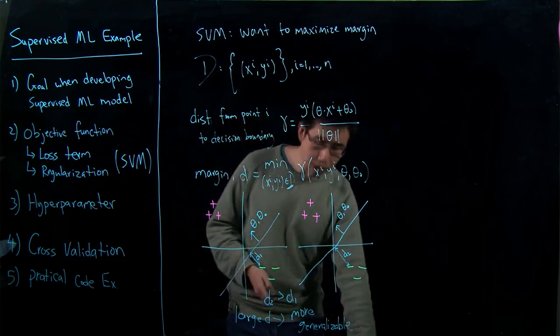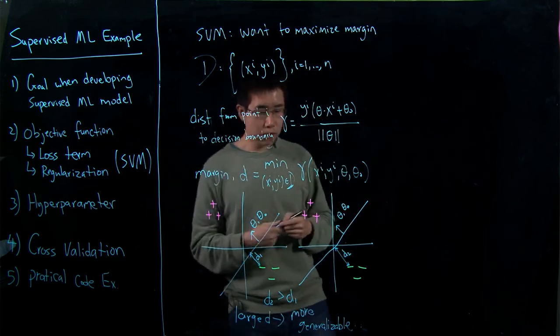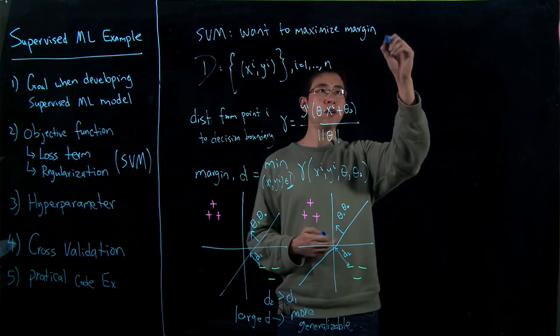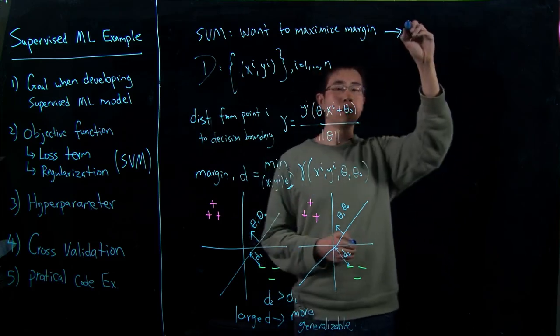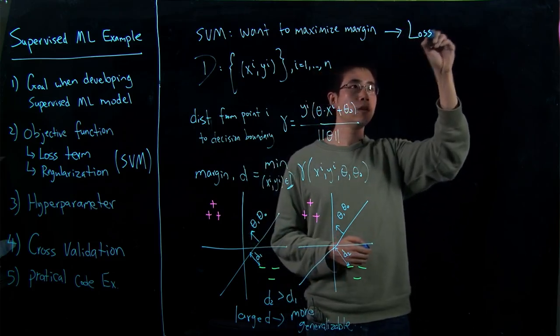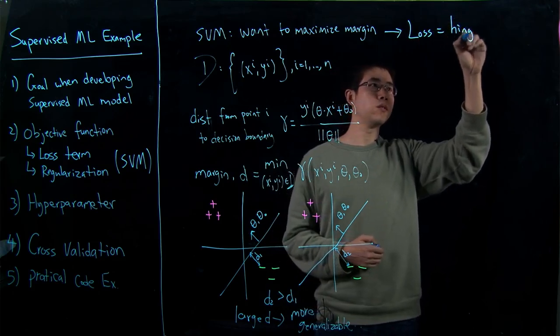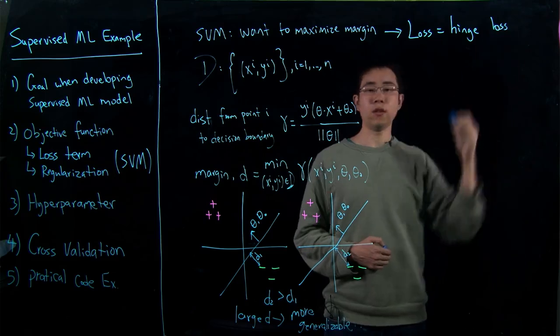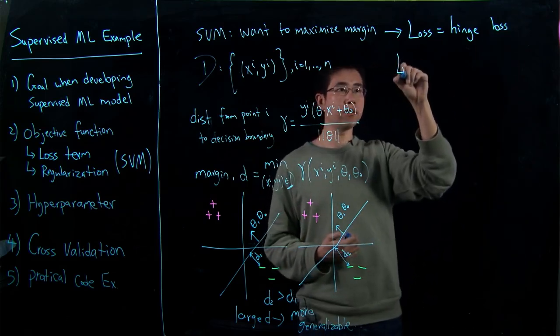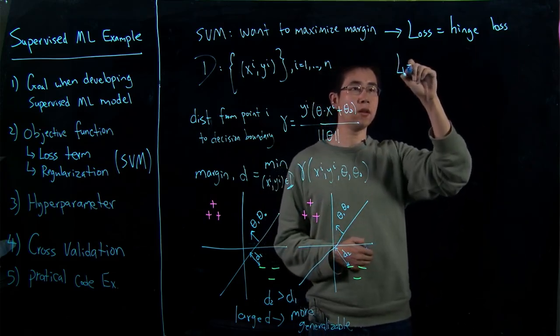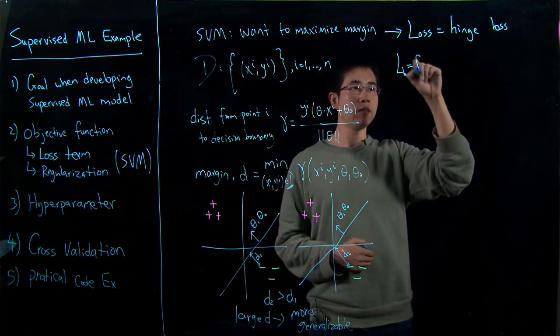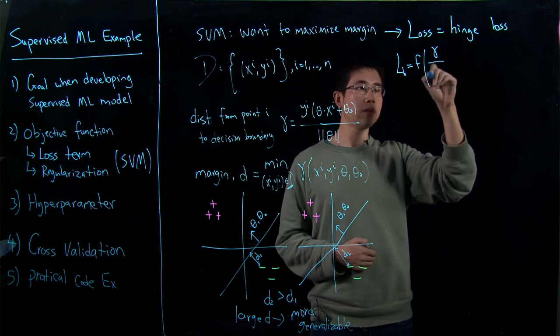And let's talk about how we actually achieve this goal. For support vector machine, the loss term we use is the hinge loss. The hinge loss is defined as a function of gamma and gamma ref.